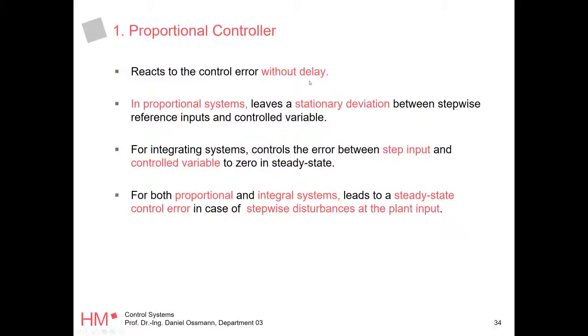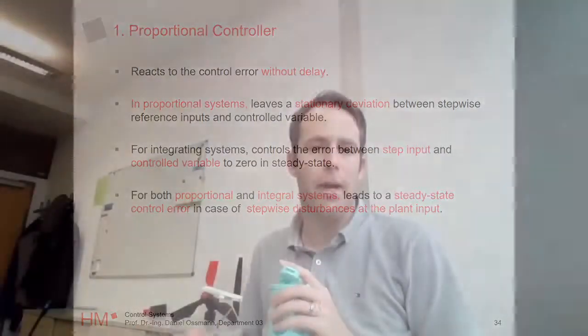That means if your car is a proportional system and you apply a proportional controller, it will not be able to get rid of this headwind. You need a different controller for that. And this is what a lot of you figured out when they did the espresso machine example: whatever controller gain you put in, it will never reach the 96 degrees. You can make the situation better by making it bigger, but it will never get there.